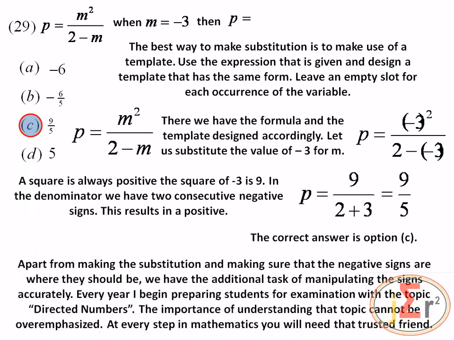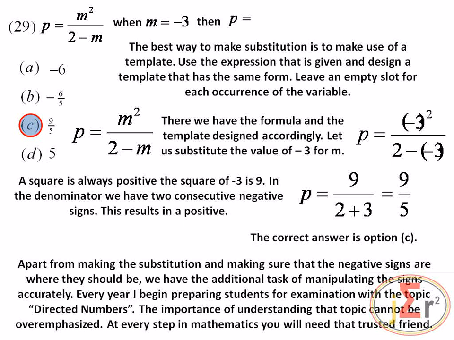Apart from making the substitution and making sure that the negative signs are where they should be, we have the additional task of manipulating the signs accurately. Every year, I begin preparing students for examination with the topic directed numbers. The importance of understanding that topic cannot be overemphasized. At every step in mathematics, you will need that trusted friend.